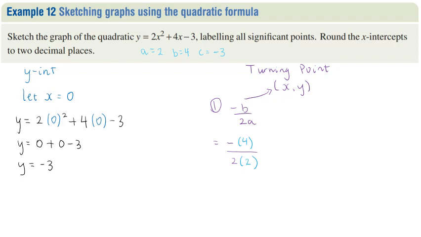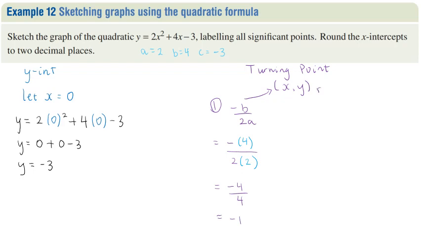And just work out what that equals. So I've got on the top line negative 4, and on the bottom line 2 times 2, which is 4. Negative 4 divided by 4 is negative 1. So now I've got the x coordinate.